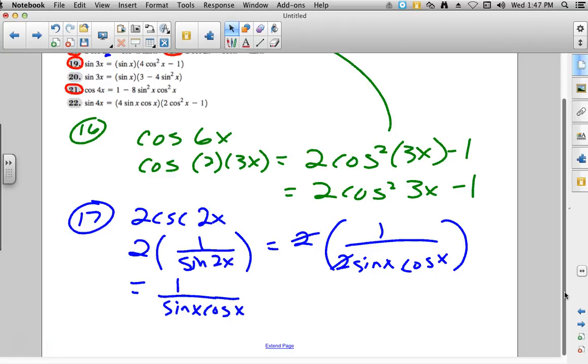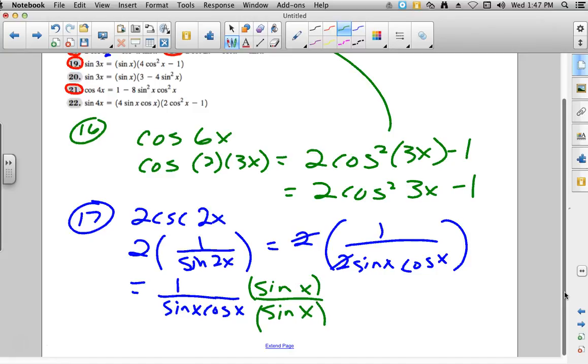Well, tangent would need sine in the numerator, and cosecant would need another sine in the denominator for this to work. Wait a minute. If I multiply both the numerator and the denominator by the sine of x, I will achieve exactly what I need.